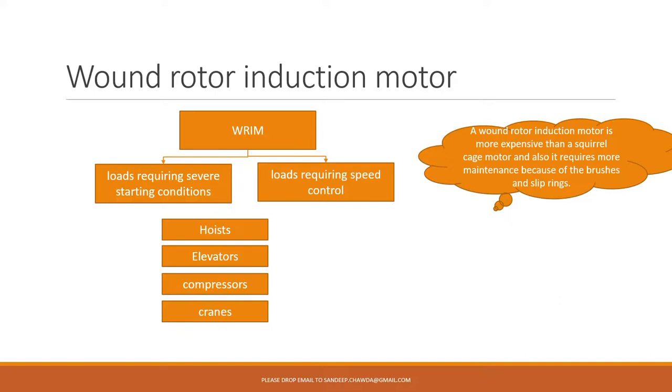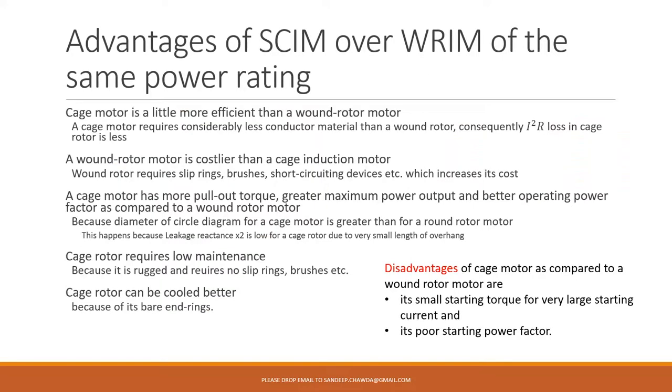When we are going to compare two motors, wound rotor induction motor and squirrel cage induction motor, already we have seen the cost is less in case of SCIM. Here cost is high, maintenance is high. The reason is brushes, slip rings are there. That you should keep it in mind.